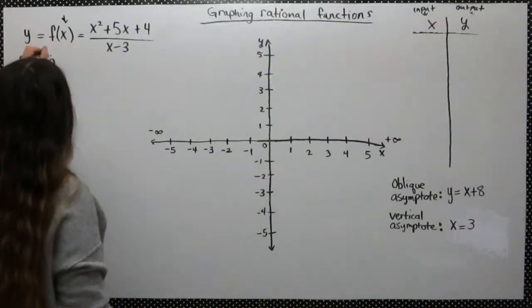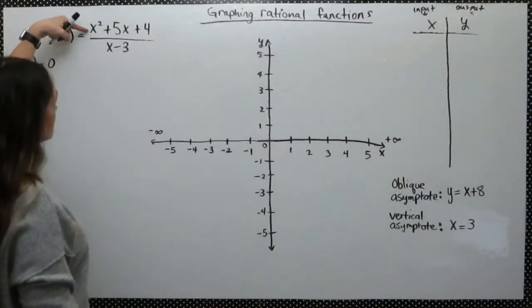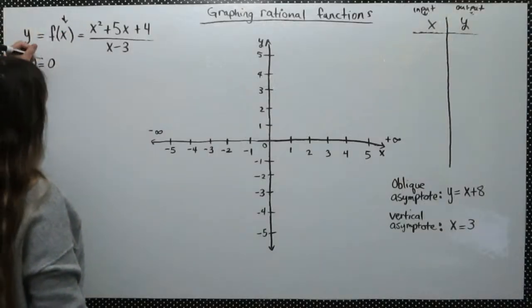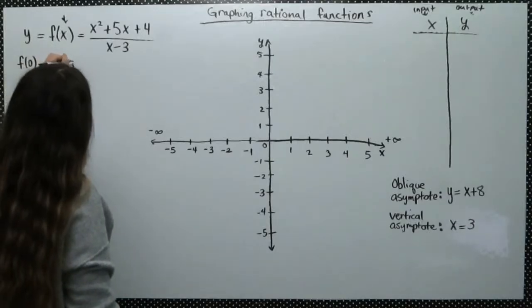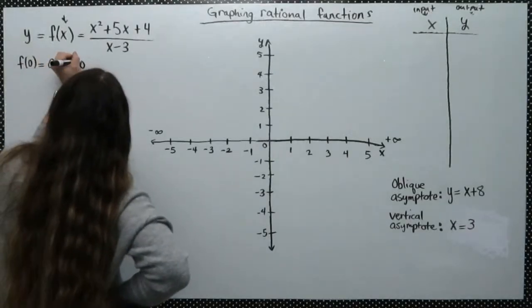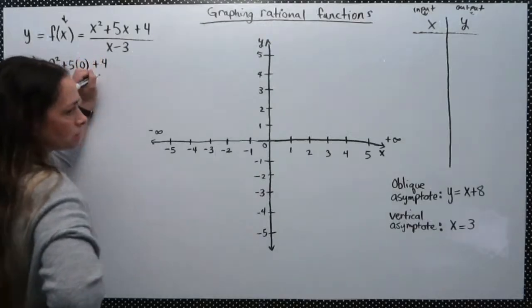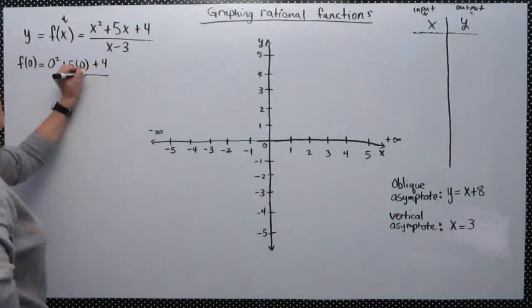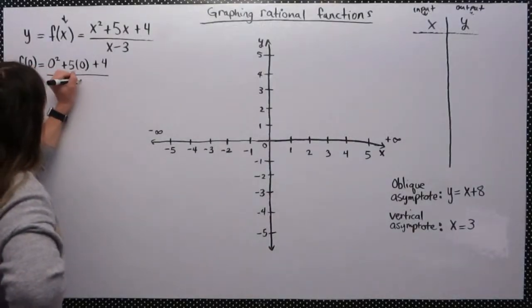And all we're doing is taking the function and plugging in, when you see an x, you're replacing it with 0. So you'll have 0 squared plus 5 times 0 plus 4 divided by 0 minus 3.